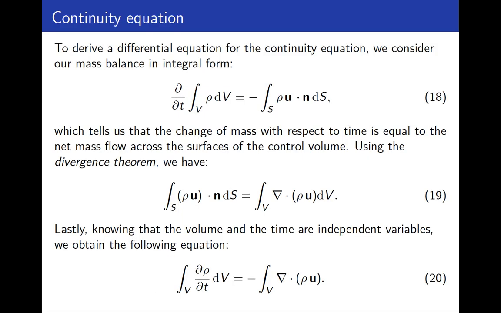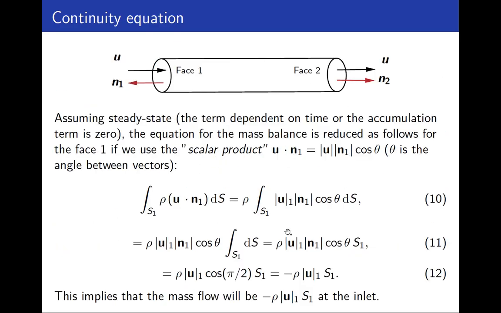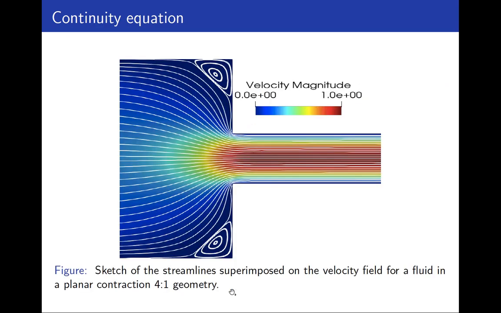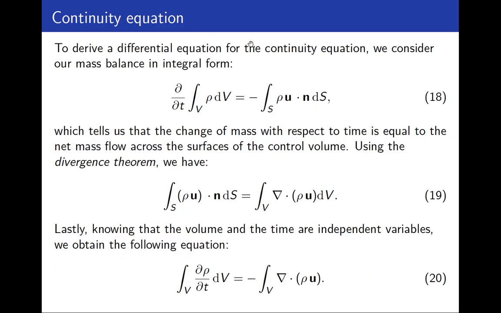Now, we already obtained the integral form of the mass balance, but we need a differential equation because it's much easier to work with differential equations than with integral equations. So to derive a differential equation for the mass conservation equation, we consider our mass balance, so we adopt this equation.